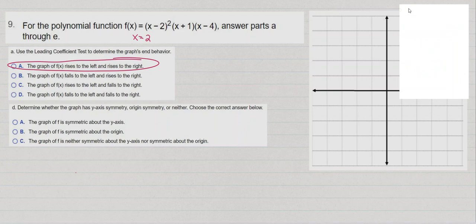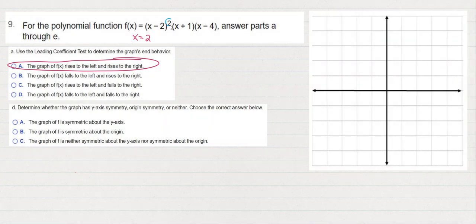Now this power of 2, since it's x minus 2 squared, you could think of it as x minus 2 times x minus 2. So that means that x equals 2 is an answer twice. So what we say about that is x equals 2 is the x-intercept.